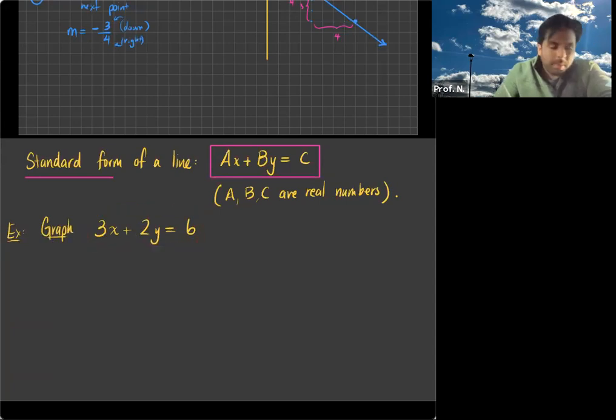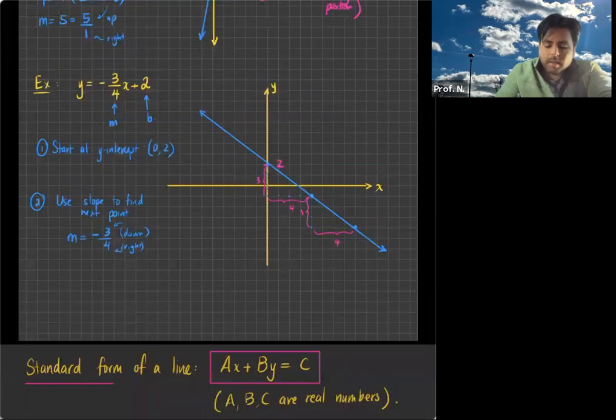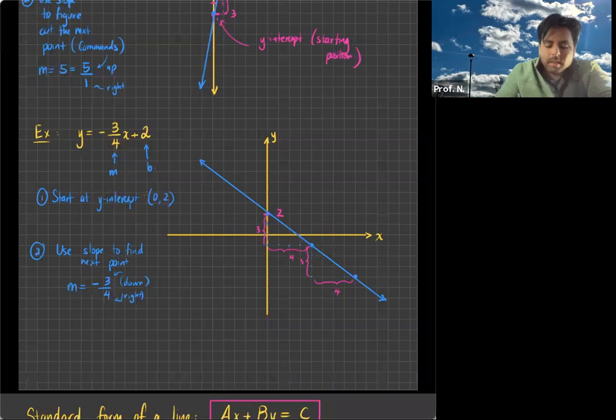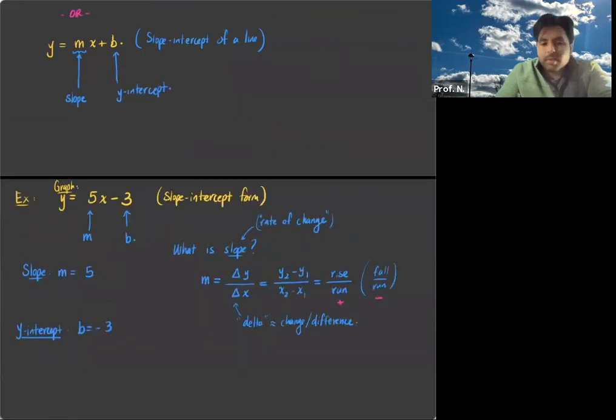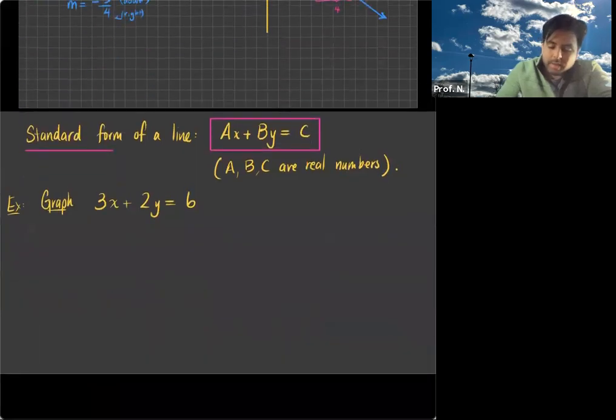The situation is that this equation here isn't in slope-intercept form, but we're more accustomed to graphing it written in slope-intercept form. So what we're going to do first is convert.